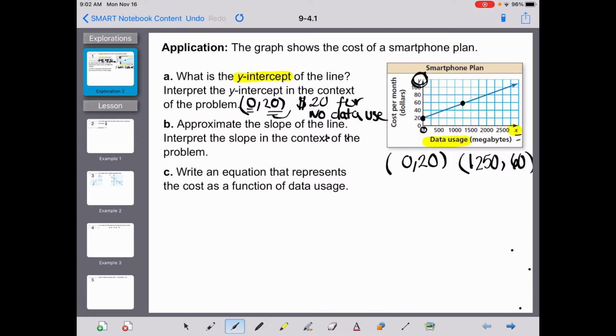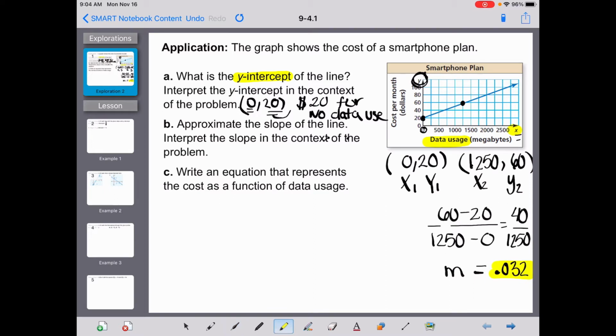Once you write down your two coordinates, label your x1 and y1, your x2 and y2, and find the slope. For your slope, you should have gotten 0.032, and we have to interpret it. Remember, our slope is a rate. It's the cost, because y is cost, per megabyte of data.